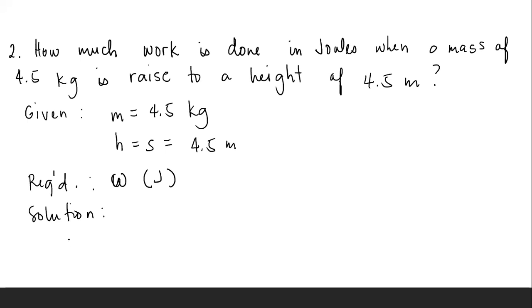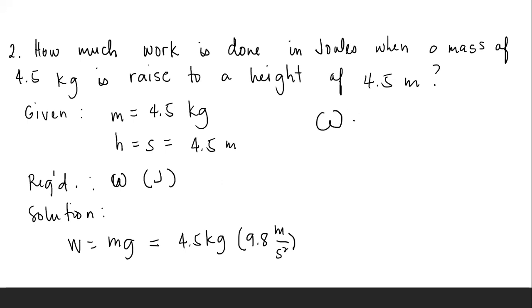Okay, solution. In finding for the weight, it is equal to mass times the gravity. Therefore, the mass is equal to 4.5 kilogram, and then the gravity of 9.8 meter per second squared. Then, again, the requirement is the work. Since the object is hanging, the force is the same as your weight, which is equal to 4.5 kilogram times 9.8 meter per second squared.